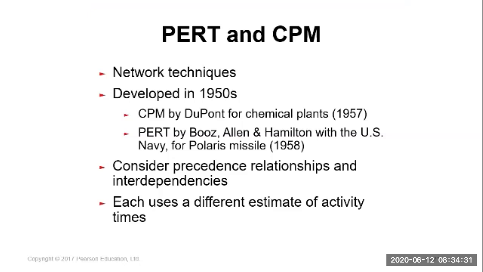Then to find the information, we need 3 days, let's say. So you have to estimate the duration for each activity. But CPM and PERT have different methods to estimate the activity time. I will show you later.